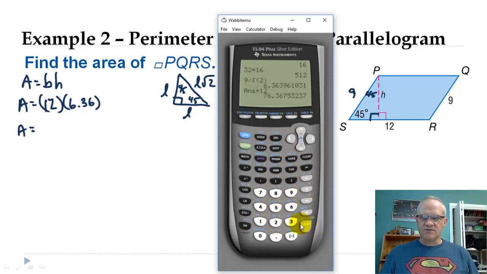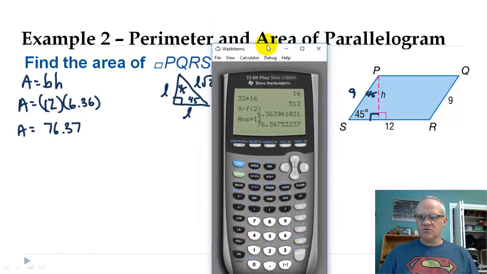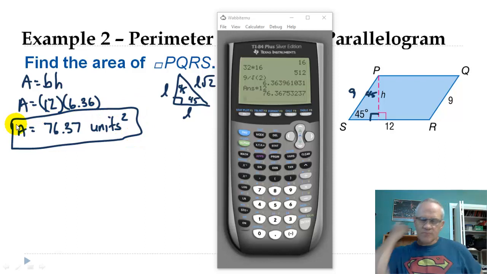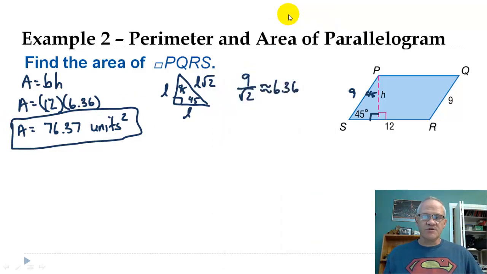And I get 76.37, we'll call it. There's no units on this one, so we'll just say units squared. Okay, so that's something to remember. Remember those special right triangles, the 30, 60, 90, and the 45, 45, 90. They can come in handy at times as well.